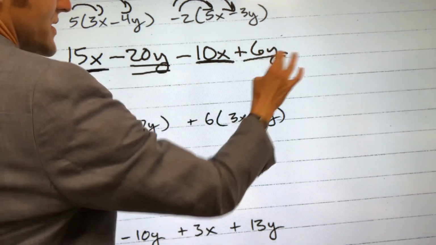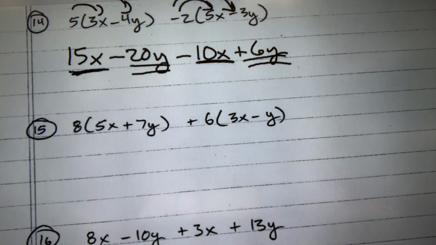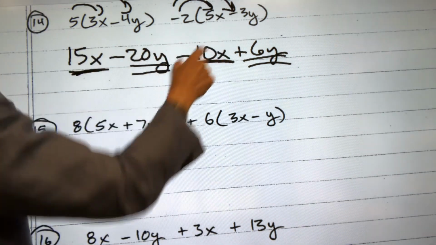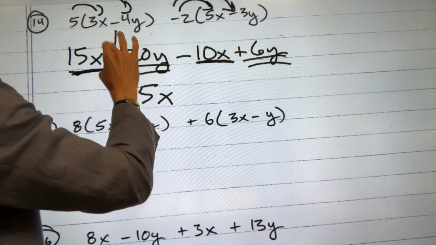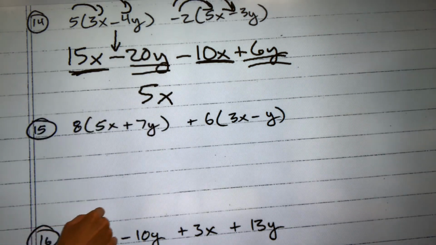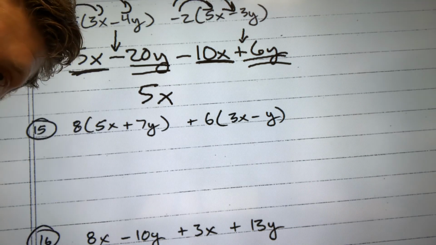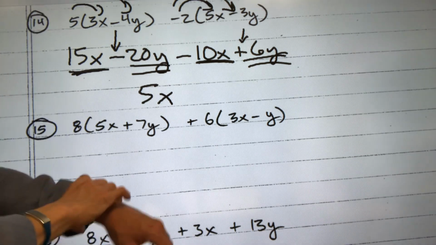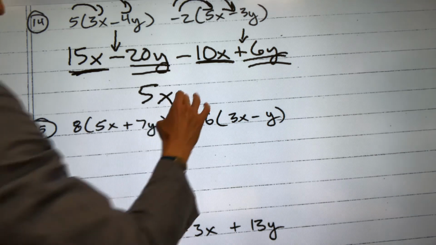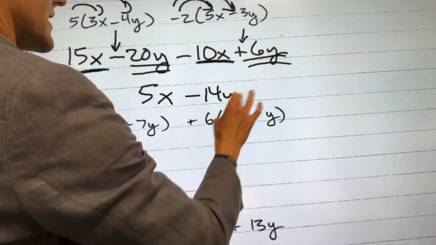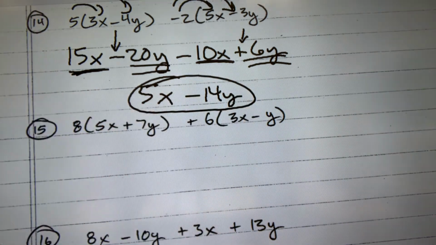Like terms, put the x's and the y's together. 15x minus 10x is 5x. That is a negative 20. And to negative 20, you are adding 6. Negative 20 plus 6 is a negative 14. 5x minus 14y is what we got there.